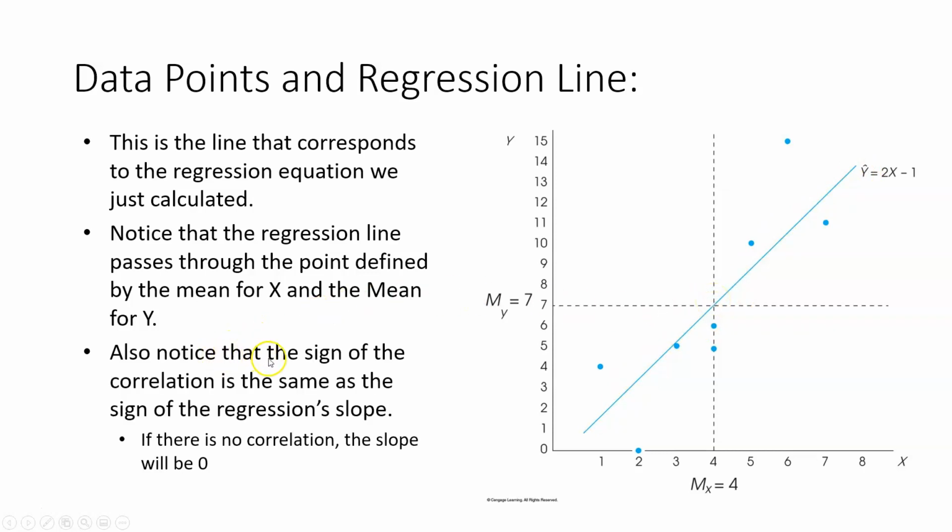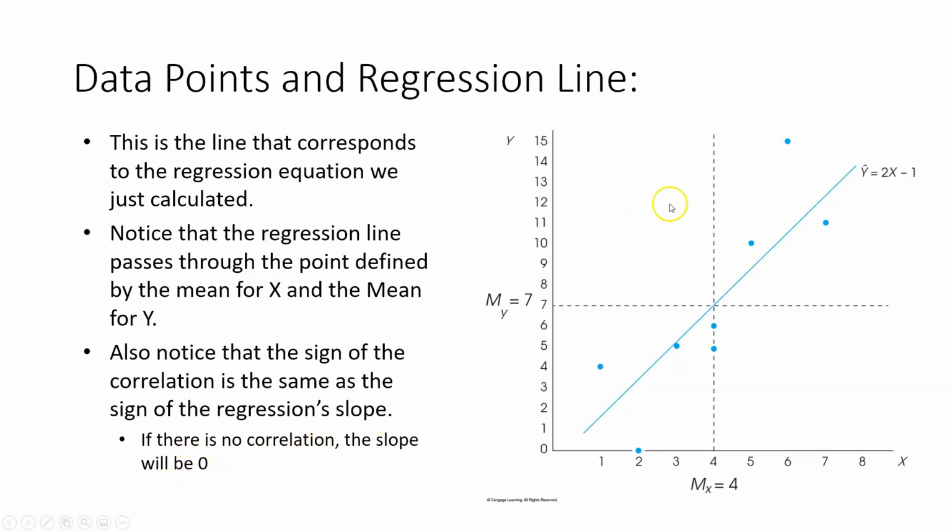You should also notice that the sign of the correlation is the same as the sign of the regression's slope. So in this situation, there's a positive correlation because the data are sloping upwards towards the right. If you look at the slope, it's a positive value, positive 2. If there's no correlation, then the slope will be 0.